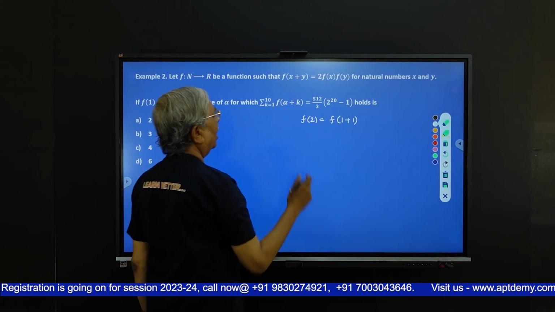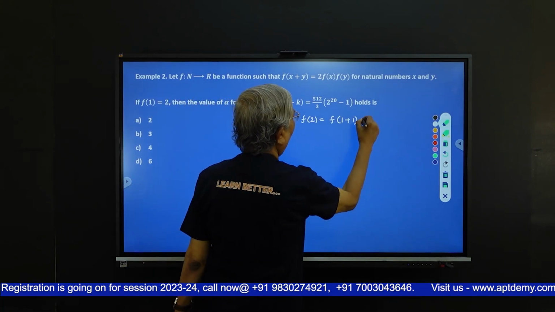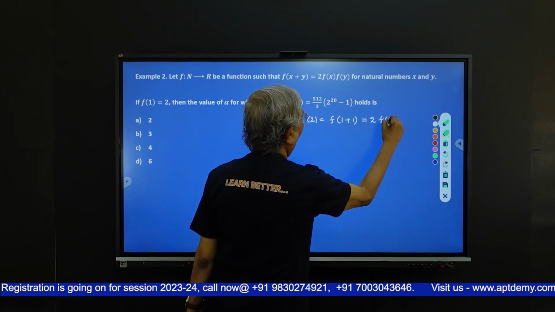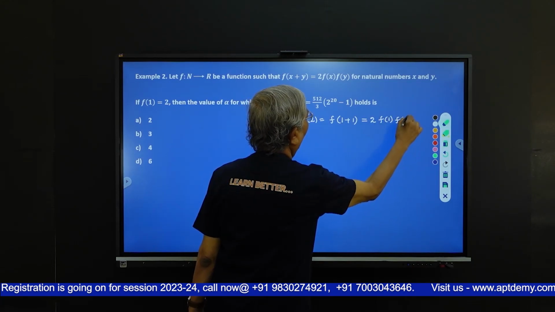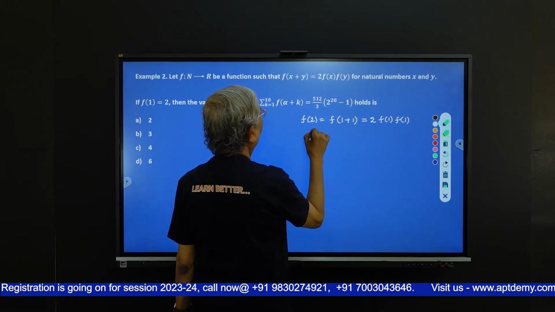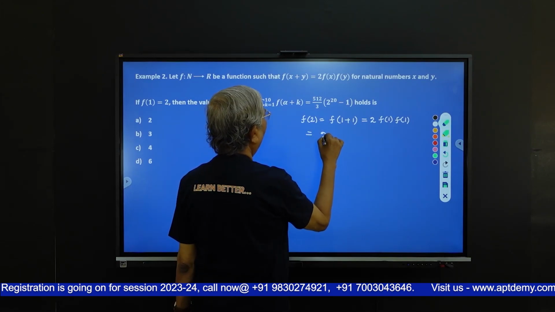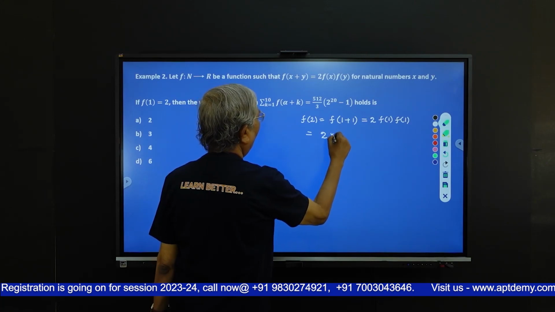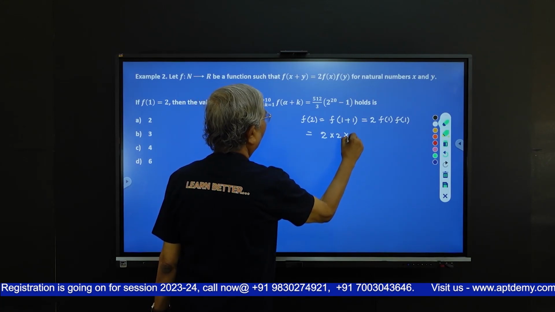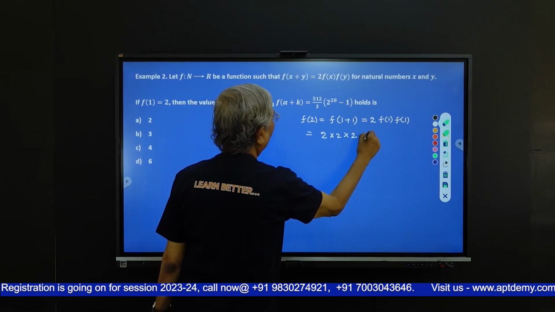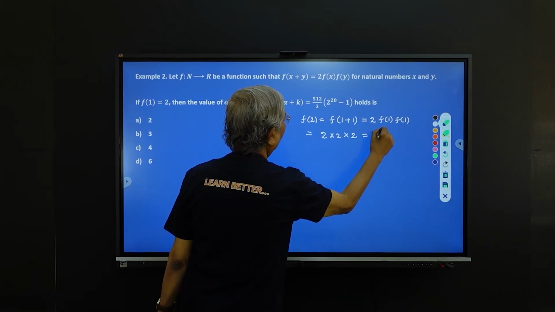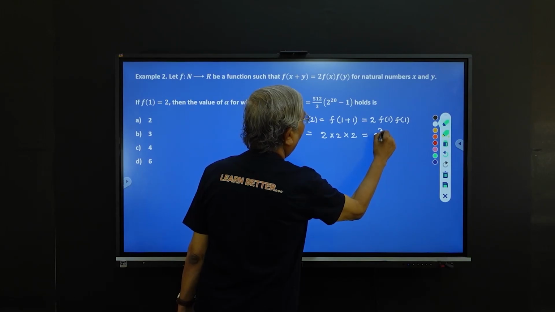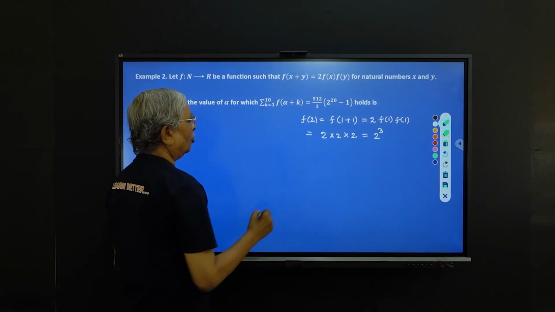Apply this: f of x plus y is equal to 2 into f(x) into f(y). It is 2 into f(1) into f(1). So this is equal to 2 into 2 into 2, which is 2 to the power 3. So f(2) is 2 to the power 3.